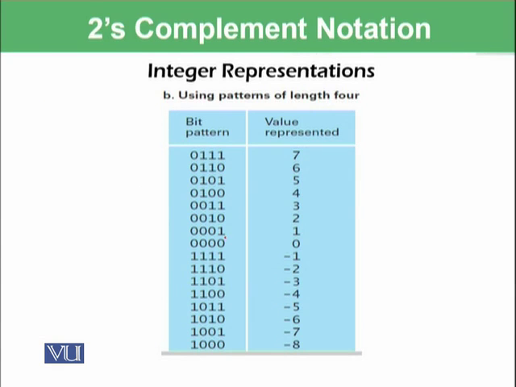From 0 to 7, we represent the same way as in the decimal and binary notation previously. But 1111, which is actually 15 in decimal, will represent the value of -1 using 4 bits. And similarly, computers use 32 bits.